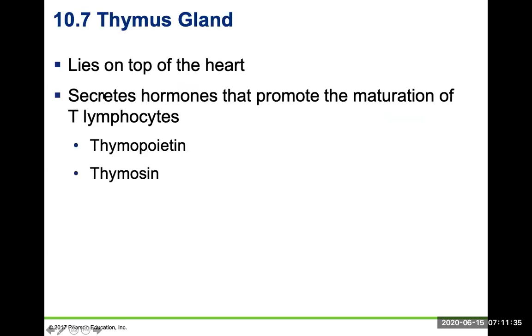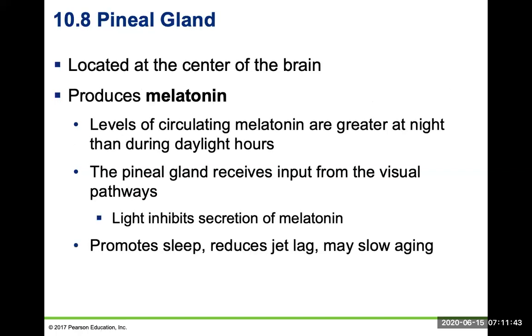The thymus gland lies on top of the heart. It secretes hormones that promote the maturation of T lymphocytes. The pineal gland is located in the center of the brain. It produces melatonin, and the levels of circulating melatonin are greater at night than during the daylight hours. The pineal gland receives input from the visual pathways, and it helps promote sleep, reduces jet lag, and it may slow aging.